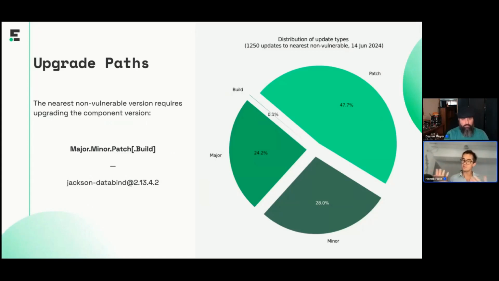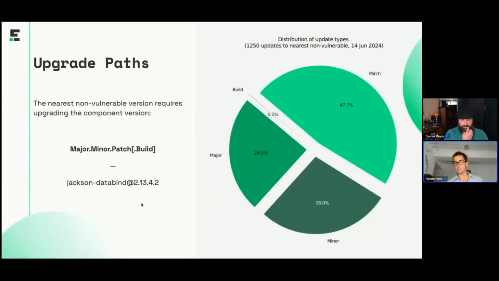Would they need to increase the major version, the minor version, the patch version, or the build element of the version identifier? This relates to SemVer, a versioning convention which development projects use to convey information about whether a component introduces breaking changes. SemVer is typically composed of a major version element, a minor, a patch, and sometimes a build version element in this identifier.